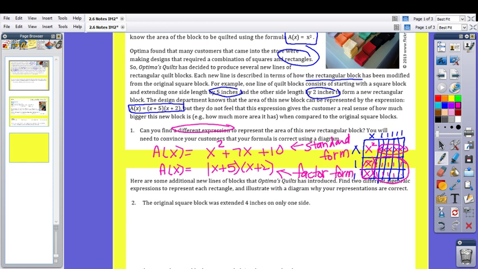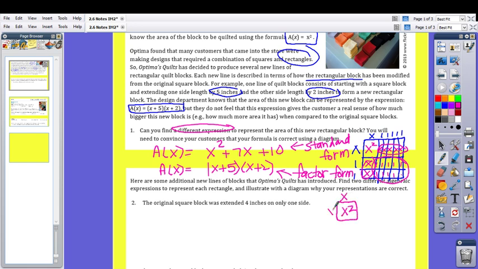Okay. Now let's do the next one. In that, she has the original square block. So this is your original square block, x squared.